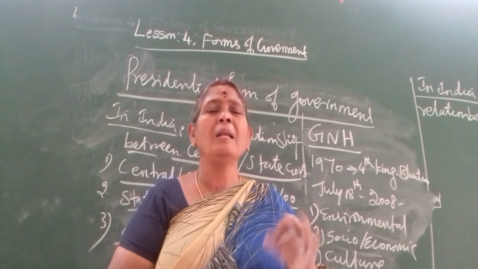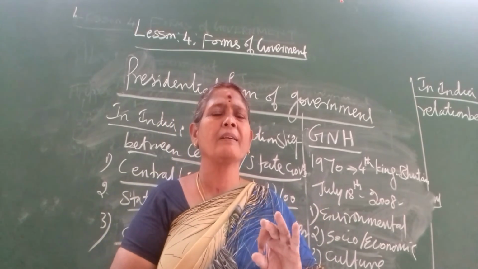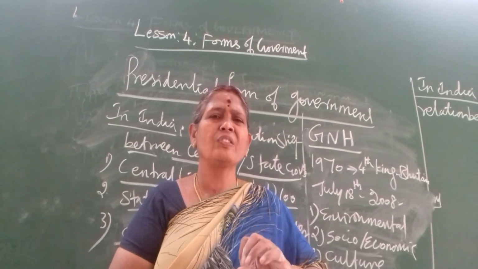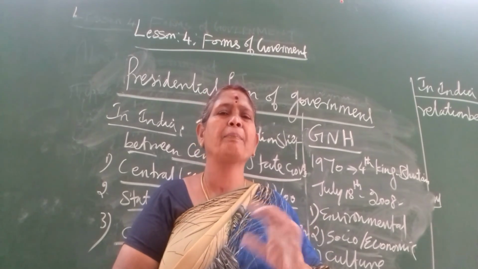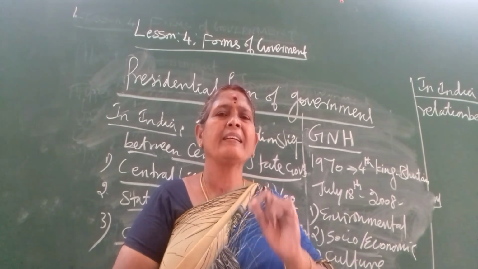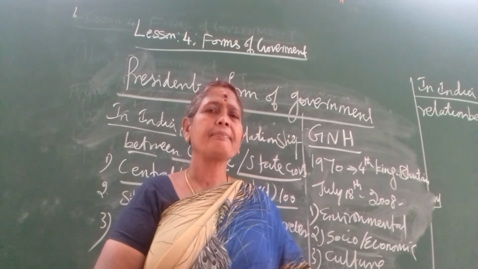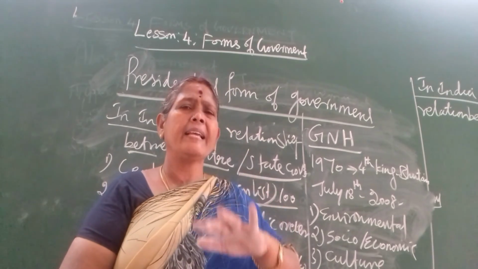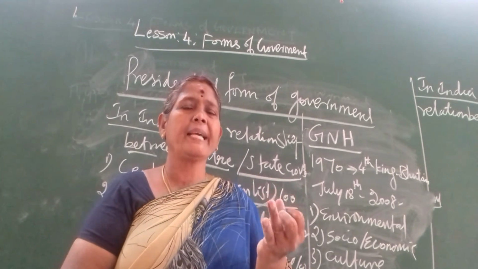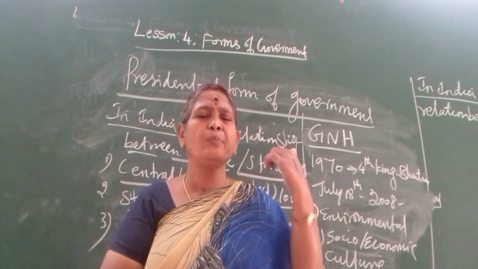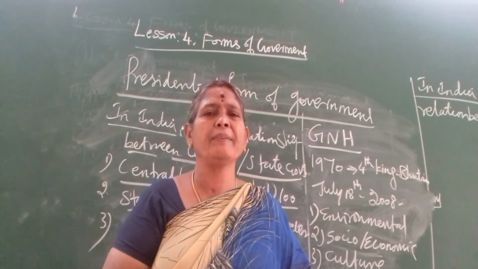Then third, the parliamentary form of government. In parliamentary, the executive is responsible to the legislature. Then the presidential form, where the president is responsible for the administration. Here we looked at the common features, merits, demerits, and the countries from which these 4 types of government are derived.